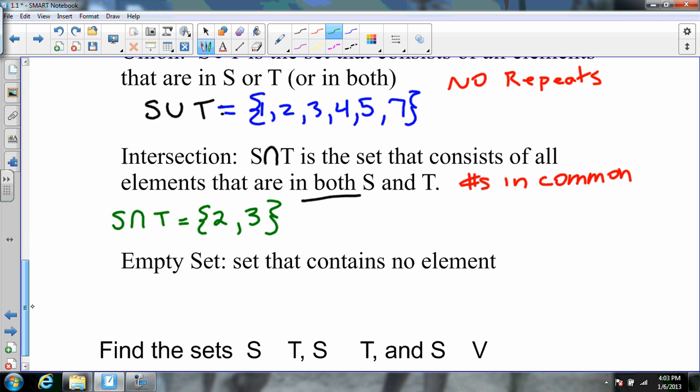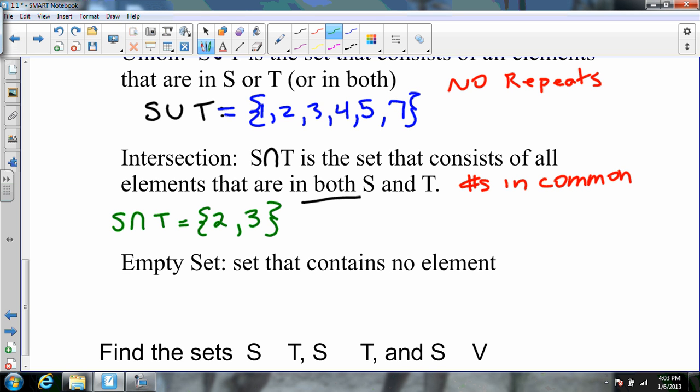Then we have what's called the empty set. And that's a set that contains no element whatsoever, and it's a circle with a line through it. We have already done S union T. We have done S intersect T. Now let's do S intersect V. So we want to know what they both have in common.